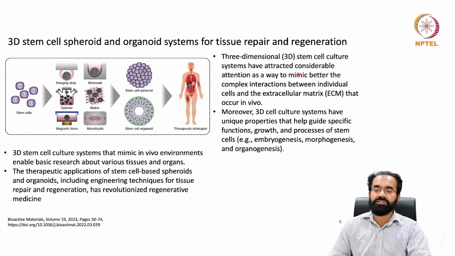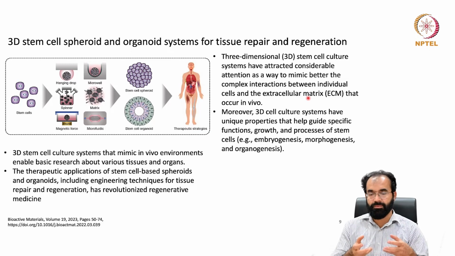The three-dimensional stem cell culture systems have attracted considerable attention as a way to better mimic the complex interactions between individual cells and extracellular matrix that occur in vivo. That is what I told you already, that it should mimic exactly how a natural organ or a natural organism is functioning, and those interactions should be brought in.